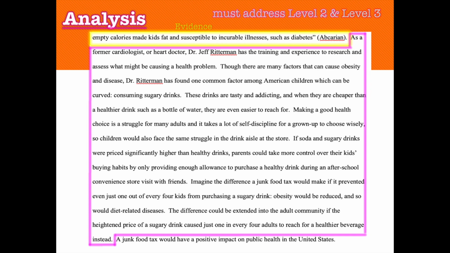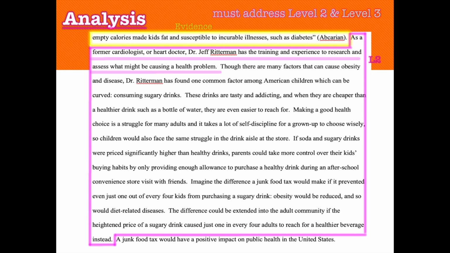So, first sentence. As a former cardiologist or heart doctor, Jeff Ritterman has the training and experience to research and assess what might be causing a health problem. In this quote, I am talking about Jeff Ritterman and his credentials. I'm doing exactly what I said to do in a level 2 analysis, and talk about the person who says the quote or who the quote is about.